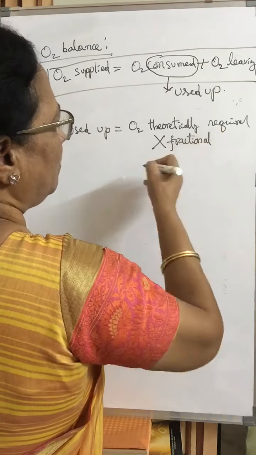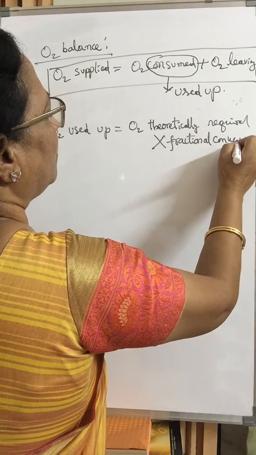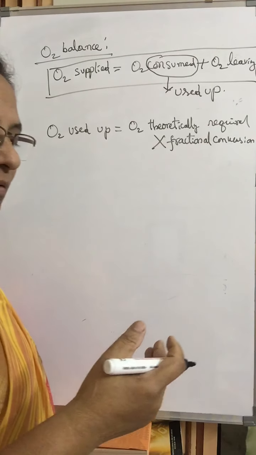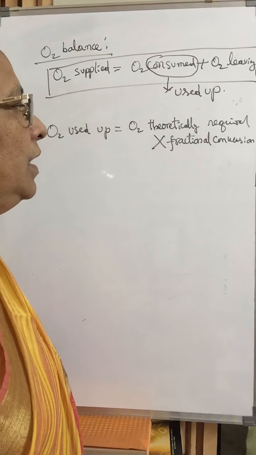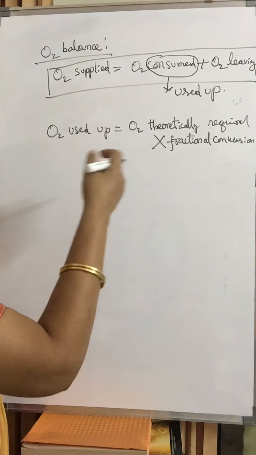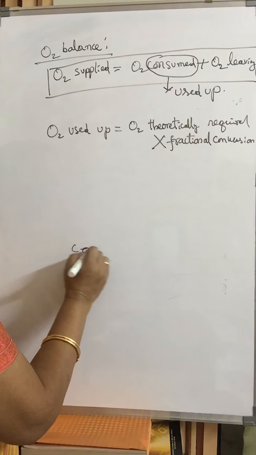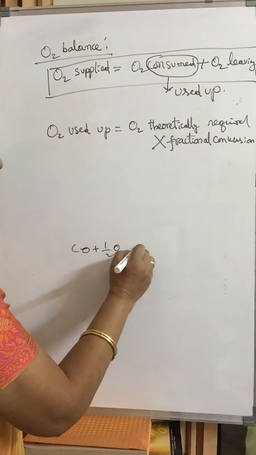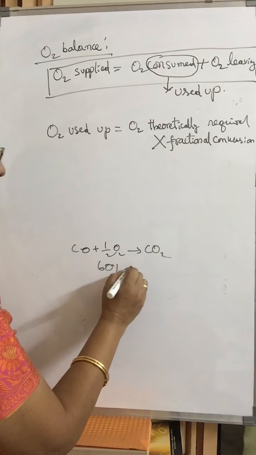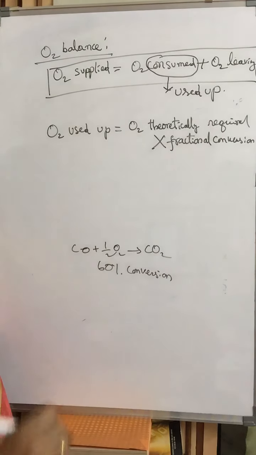Usually reactions won't have 100% conversion. Suppose in the previous example, CO plus half O2 gives CO2, with 60% conversion.